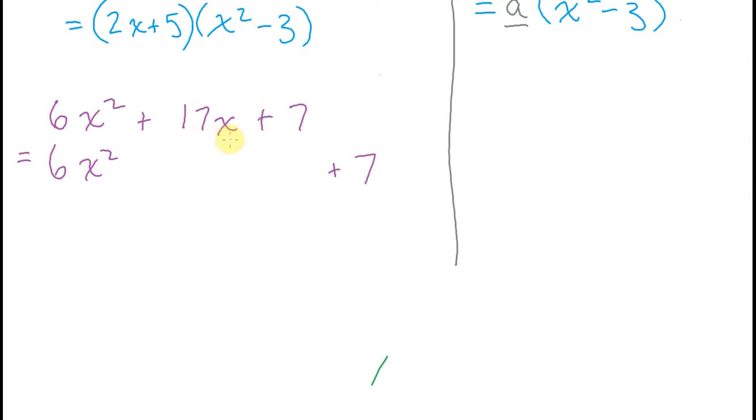So we have 17x here. If we had 7x here, we could take out the 7. But what will that leave us with here? That'll leave us with 10x. We won't have a common factor.